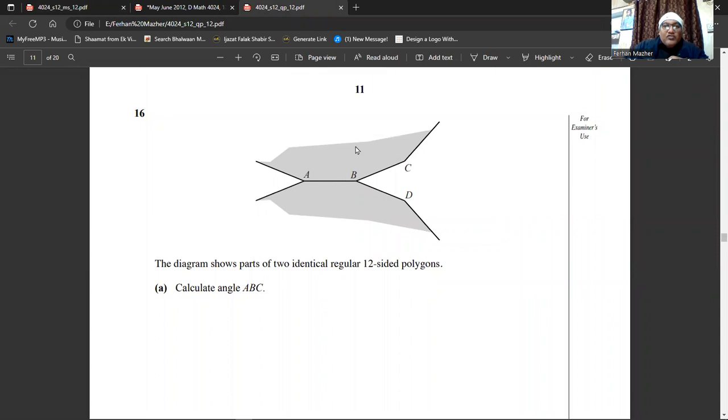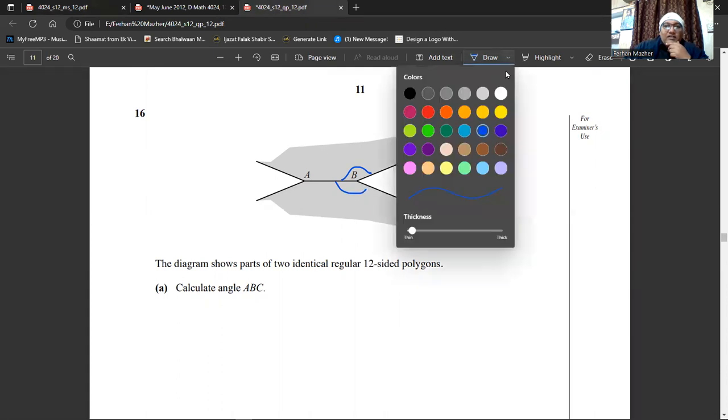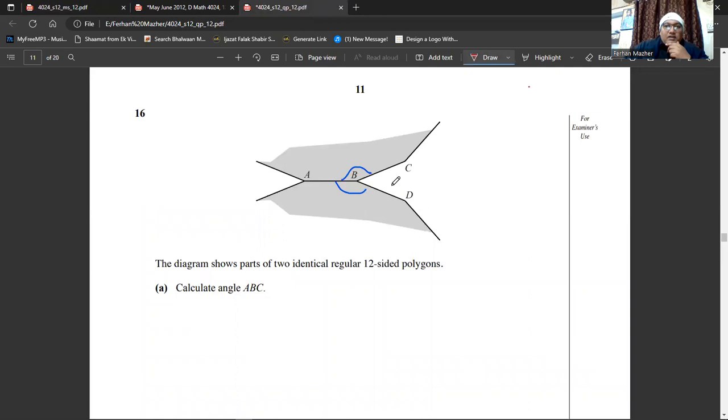Okay. So you know this angle here is 150, and this angle here is also 150. So their question is, what is this shape here?